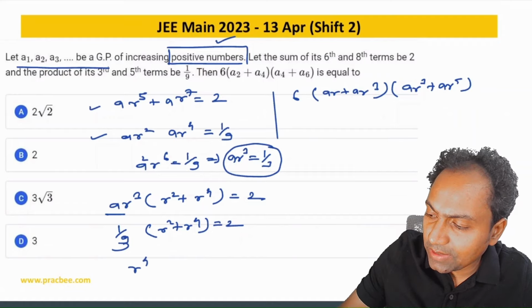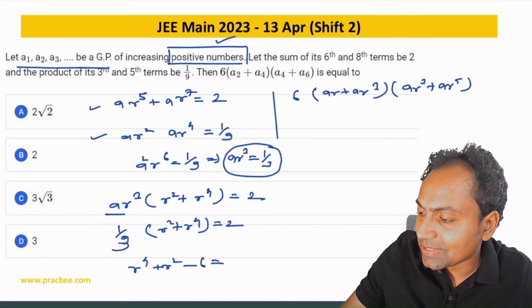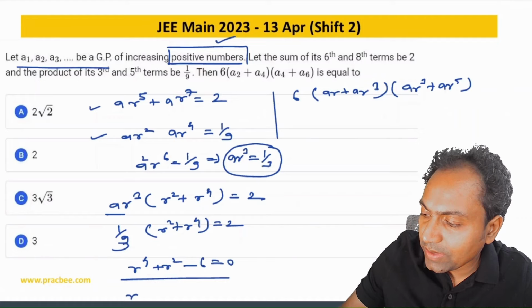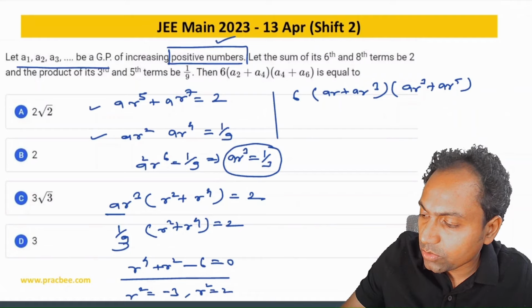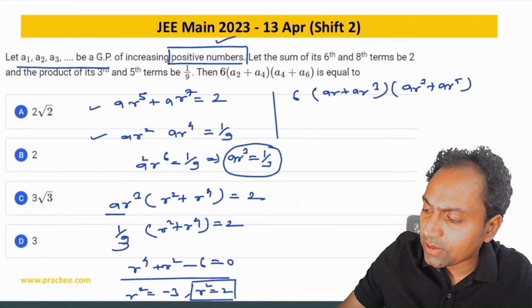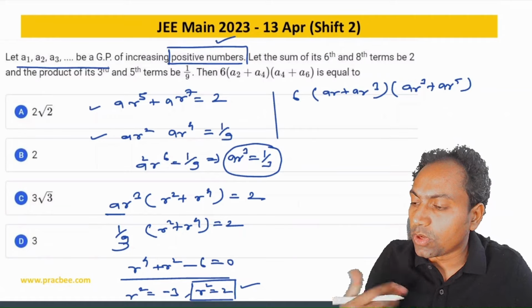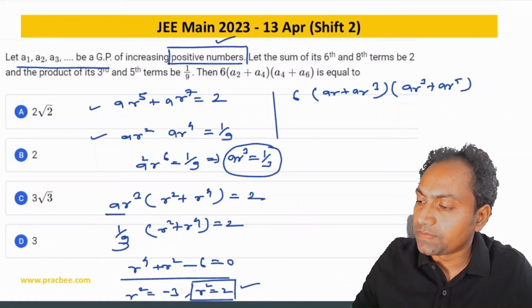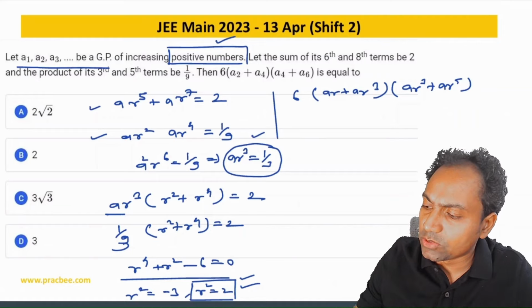We can simplify this: r raised to the power 4 plus r square minus 6 will be equal to 0. So we are getting two values of r square, minus 3 and r square equal to 2. Obviously, we cannot take the negative value. The second value is the acceptable value. Now, to solve the question, I have two important ideas: ar cube is equal to 1 by 3, and r square is equal to 2.